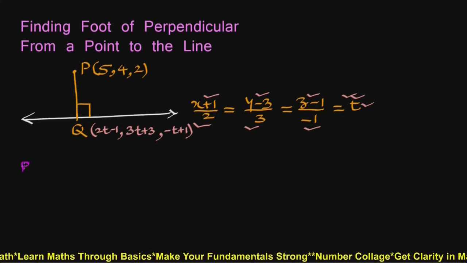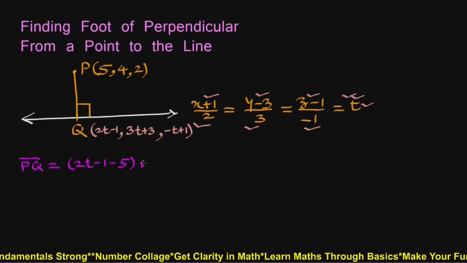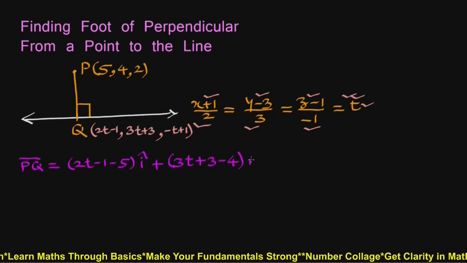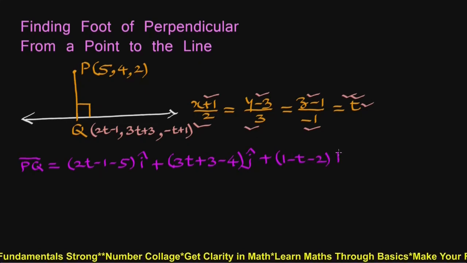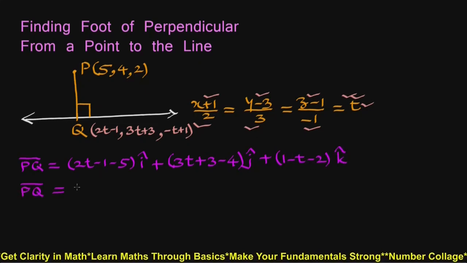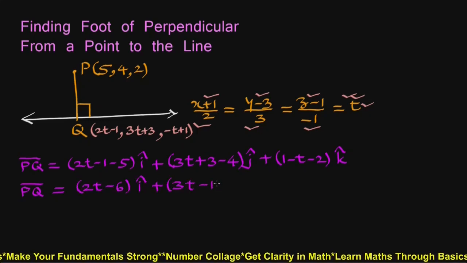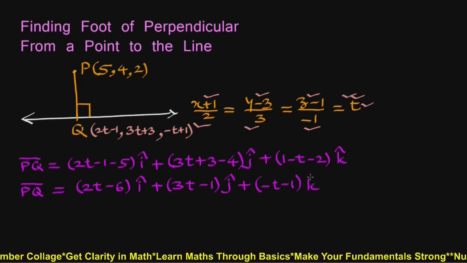So vector PQ bar will be (2t minus 1 minus 5) i cap plus (3t plus 3 minus 4) j cap plus (1 minus t minus 2) k cap, which is (2t minus 6) i cap plus (3t minus 1) j cap plus (minus t minus 1) k cap.